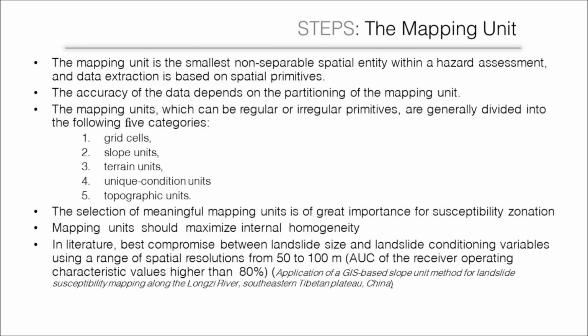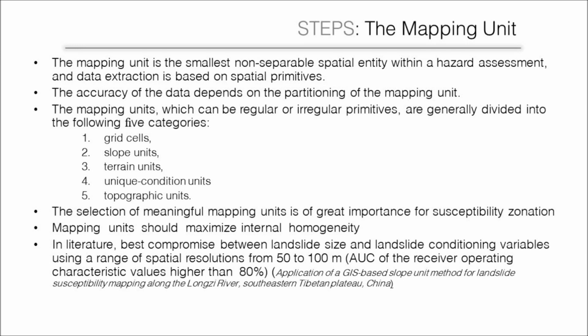Those units should be as small as they can be to reflect what kind of objects we have. That means it should be the smallest unit, because if we have some objects smaller than the mapping unit, it won't be able to show this object. So logically it should be the smallest unit.